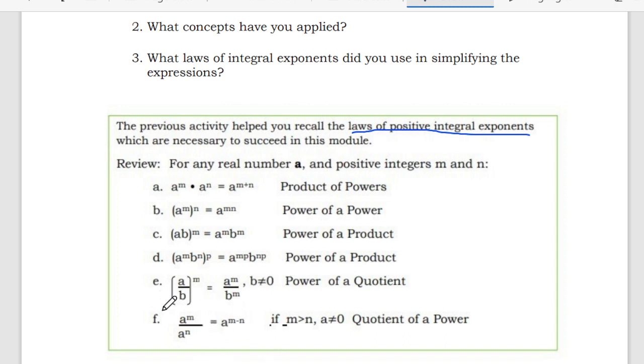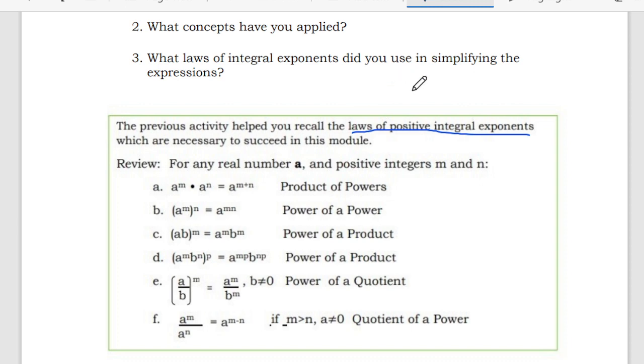Then the quotient of powers: a raised to m divided by a raised to n is the same as a raised to m minus n if m is greater than n. You just subtract the exponents.